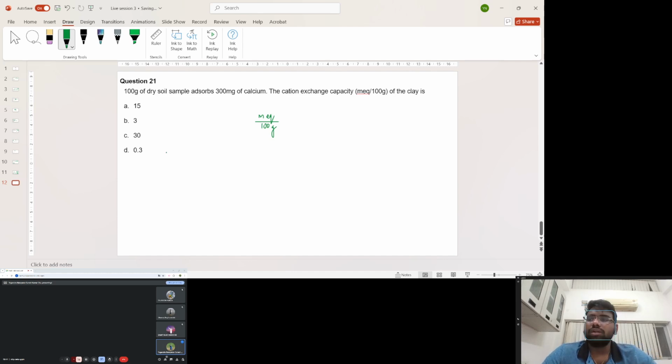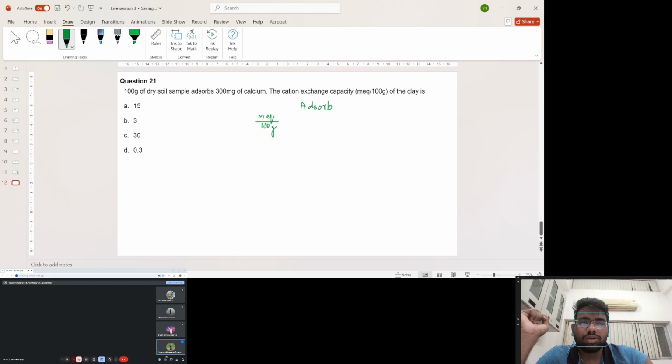So now what we will do is, 100 gram of dry soil sample adsorbs 300 milligram of magnesium, 300 milligram of calcium, right? Now, cation exchange capacity in milli equivalent per 100 grams. First of all, you know the amount of calcium that has been adsorbed.